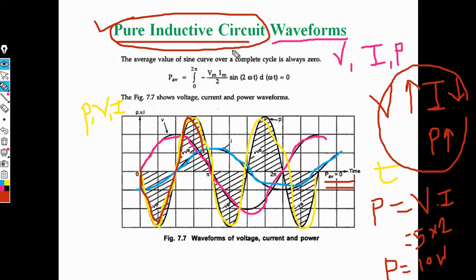Also, we have considered the average power to be 0, because the average power is 0. Slightly voltage increases but slightly current decreases, but average power is initially 0, while the power in an inductive circuit is maximum. Now this is the concept of voltage, current, and power in a pure inductive circuit.